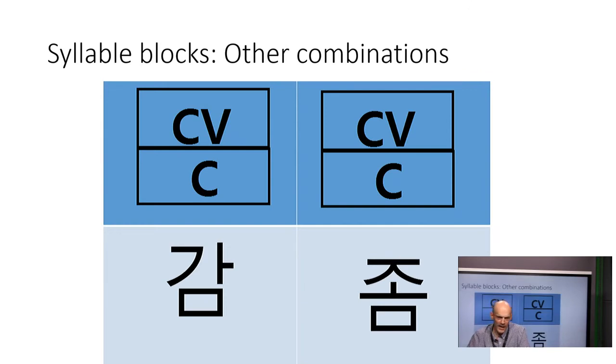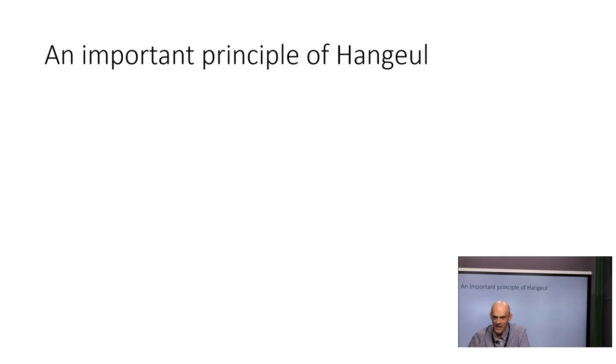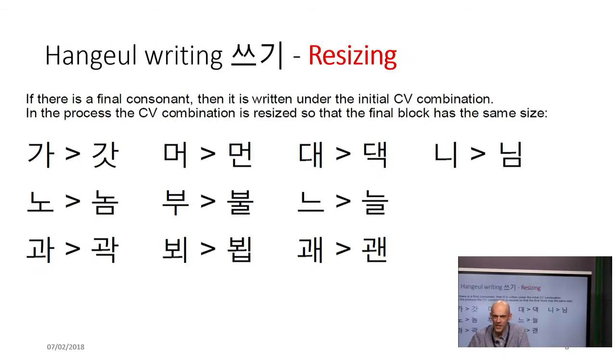Here are other combinations of syllable blocks, and here we move on to a second important principle of writing hangeul. You'll notice that even though these syllable blocks are becoming more complex combinations with more consonants, they're roughly the same size. And this is a really, really important thing to remember when you're writing hangeul. Try and keep it the same size.